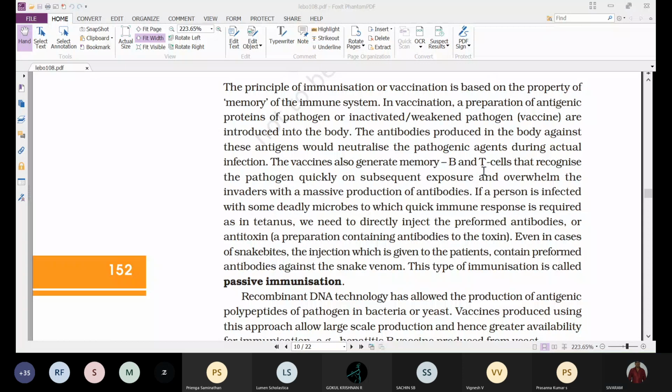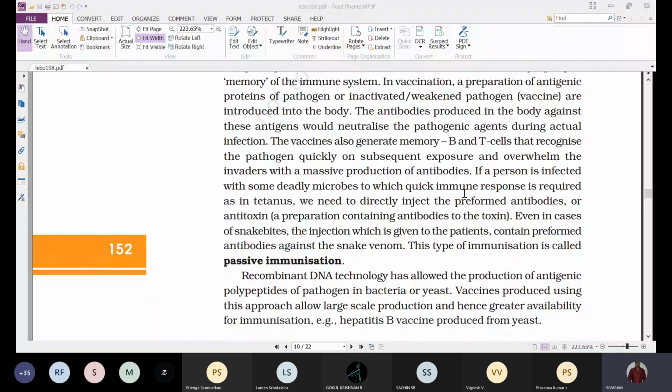So even a small number of pathogens entering our body will show a huge response and protect our body from infection, because of the huge number of antibodies produced by these memory cells. That is what happens in the case of vaccination.